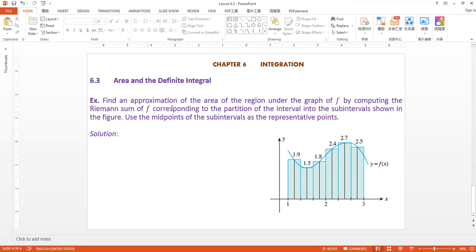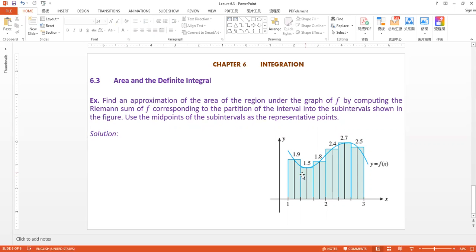We want to find the area under this curve between x equal to 1 and x equal to 3. We do it by computing the Riemann sum of f corresponding to the partition of the interval into the subintervals shown in the figure.